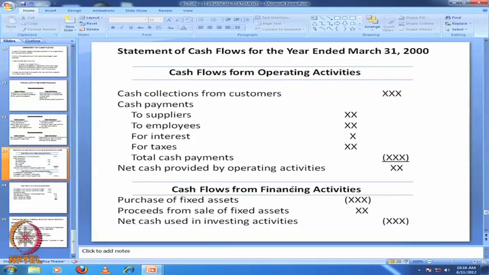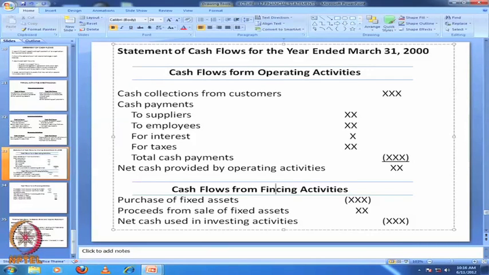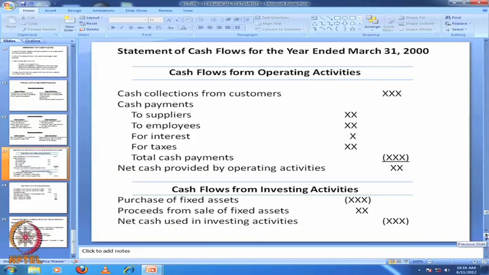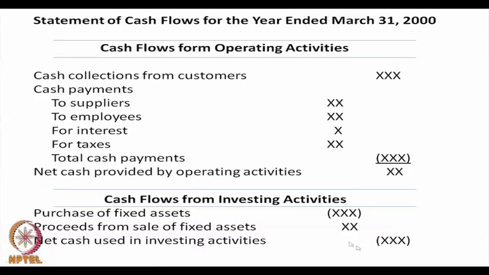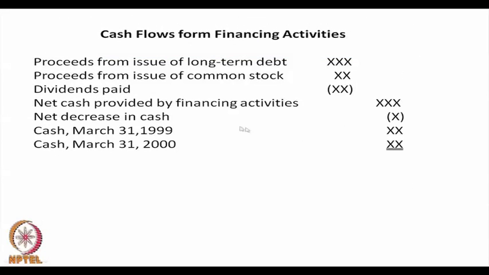This should be cash from investing activities. Net cash from operating activities is this, net cash in investing activities is negative, this, and then the net cash provided by financing activities is this.